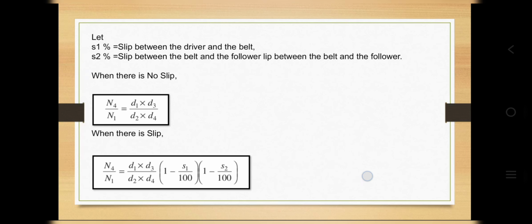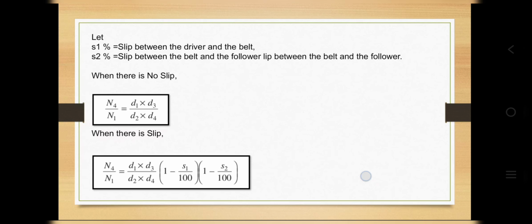When there is a slip, what changes in the formula? There is a small change: we add 1 minus s1 divided by 100. Why divided by 100? Because the slip is given in percentage, so we convert percentage into decimal form.